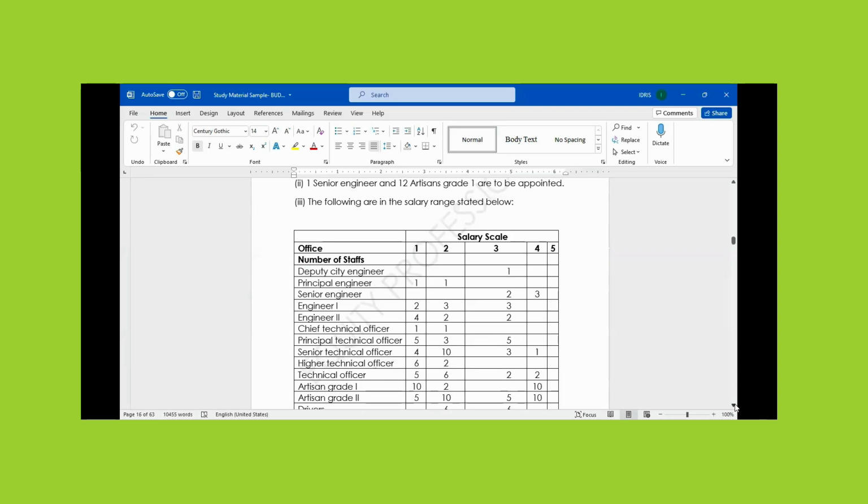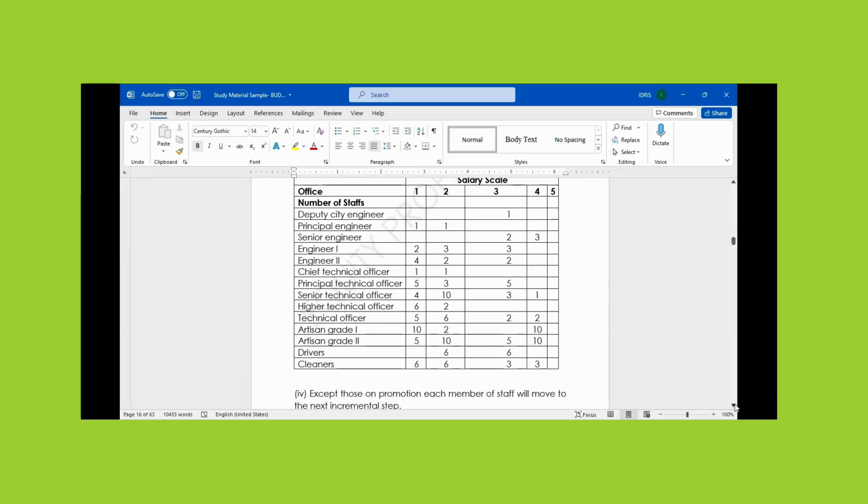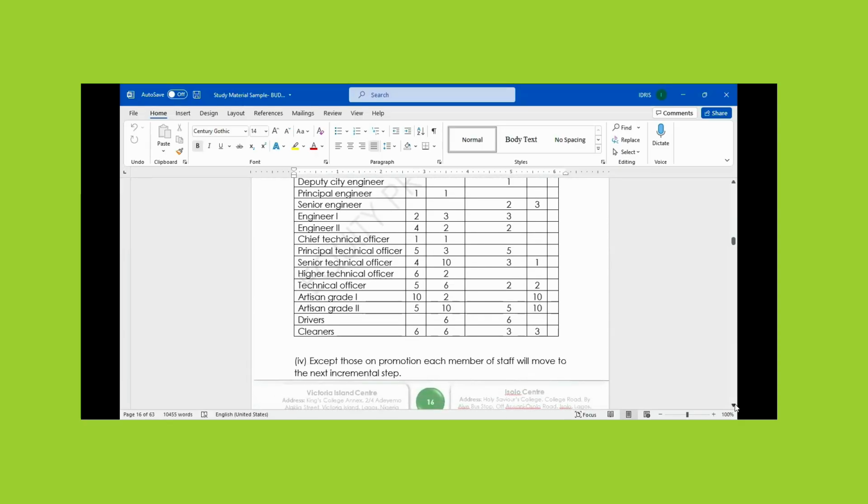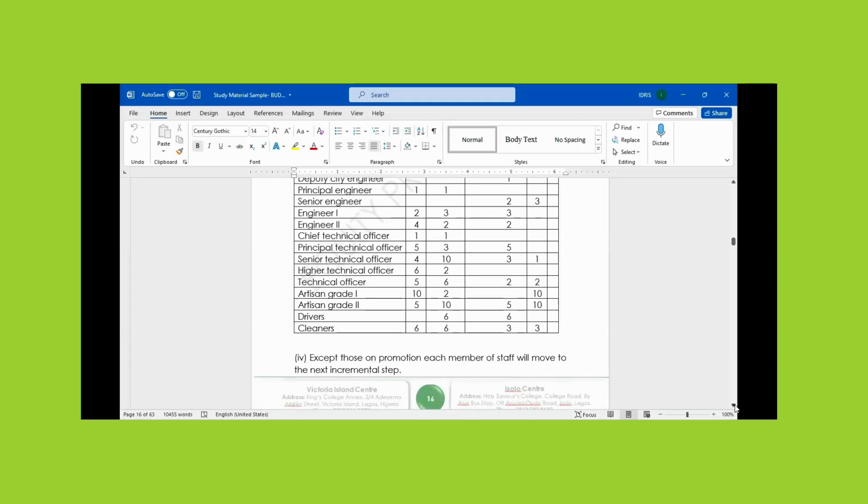The following are in the salary range stated below. So they give us the number of steps that each of the grade, the number of steps occupied by the number of staff in each of the grade. This was given to us as note 4.